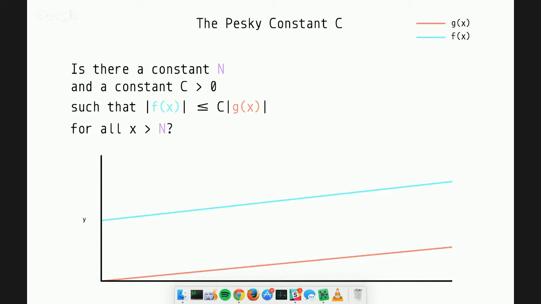So we have these two functions, and they are, for all intents and purposes, the same function shifted up by a constant. Like f of x is shifted up by some number of units, but they're growing at the same rate or relatively the same rate.